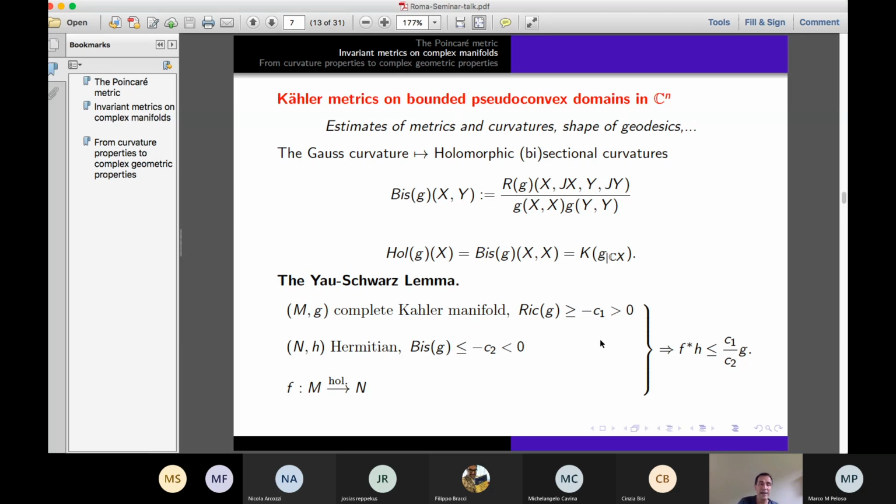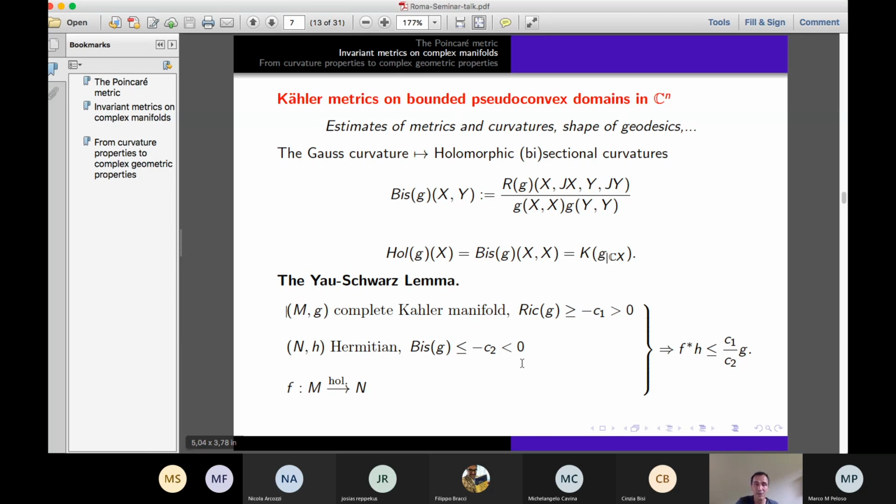You consider N a Hermitian manifold, and you assume that the bisectional curvature is bounded from above by minus C2. In the case of a domain in C or a Riemann surface, Ricci, bisectional, holomorphic, all the curvatures will be the same. You get only one.